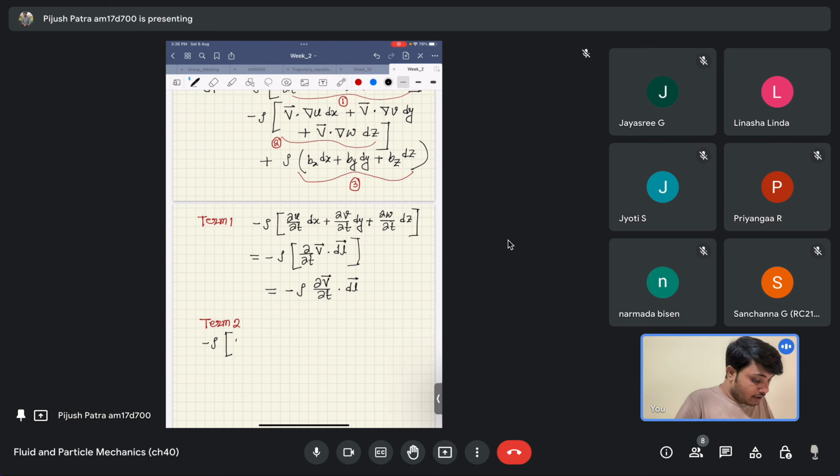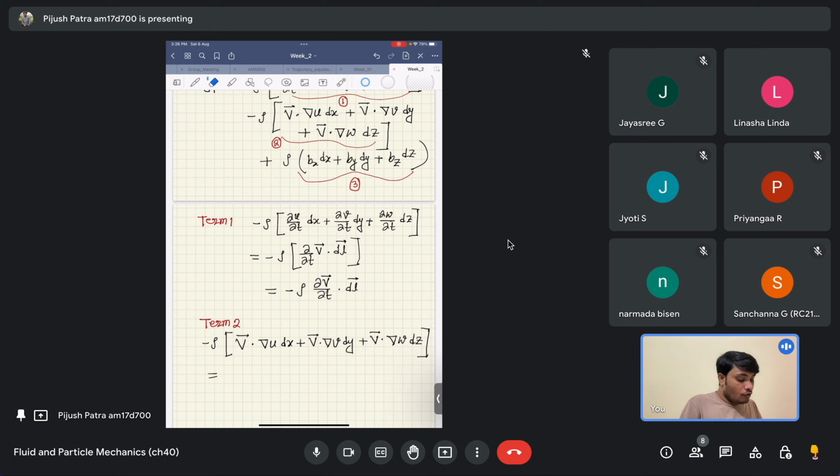Let me write it first: v dot gradient u into dx plus v dot gradient v into dy plus v dot gradient w into dz. So I can common the v vector from all of this.